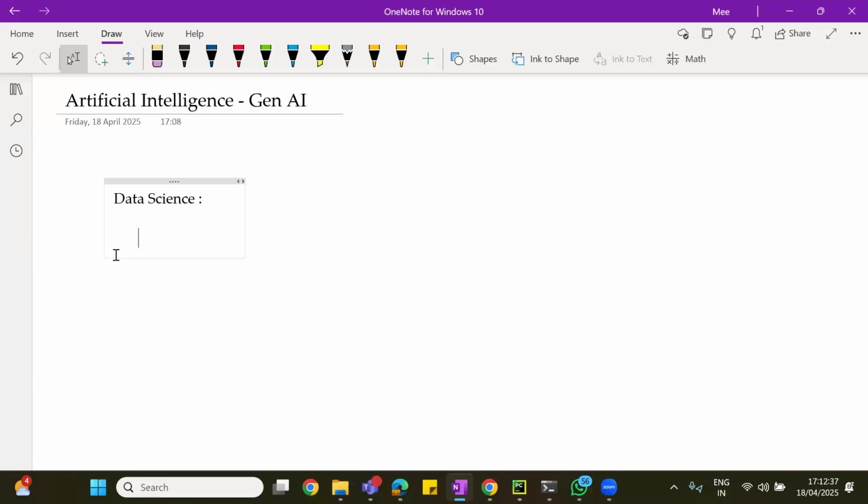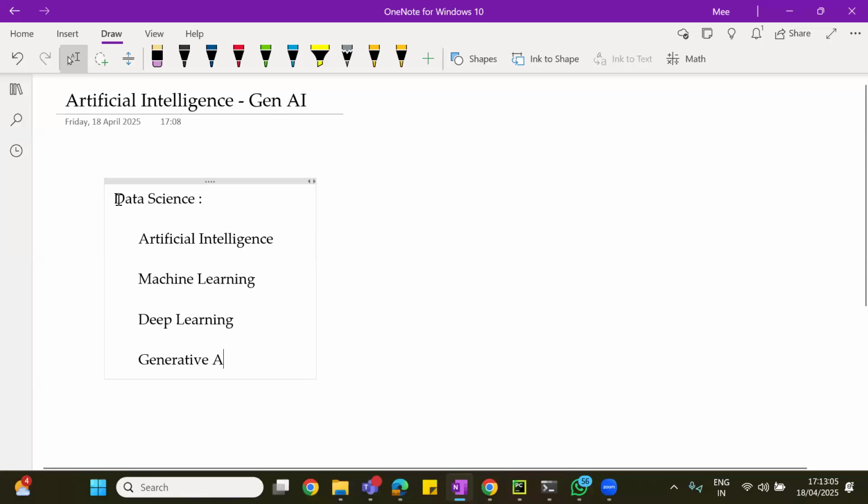Data science includes artificial intelligence, and it has machine learning, deep learning, generative AI and agentic AI. As a part of our course, we are not going to cover all of this, as I told you yesterday in detail.